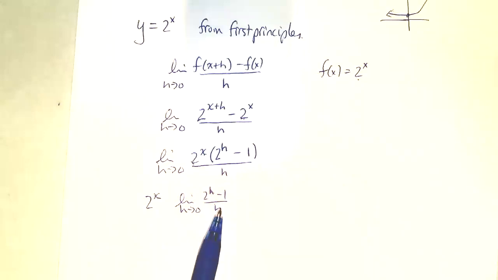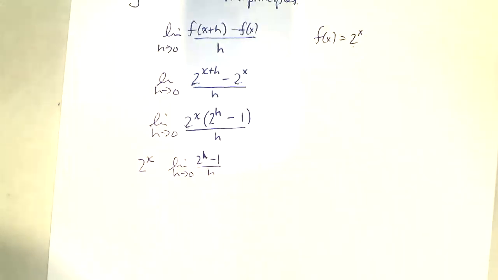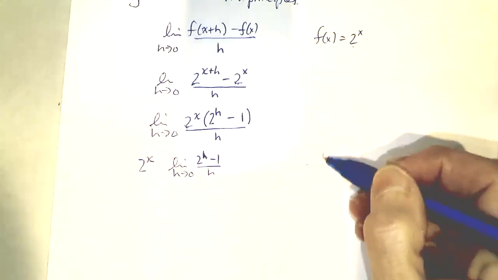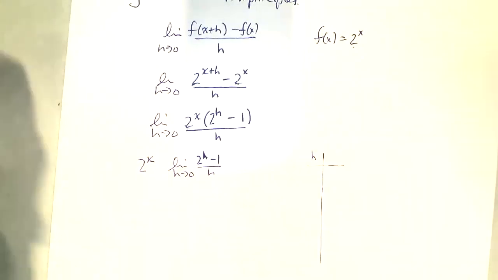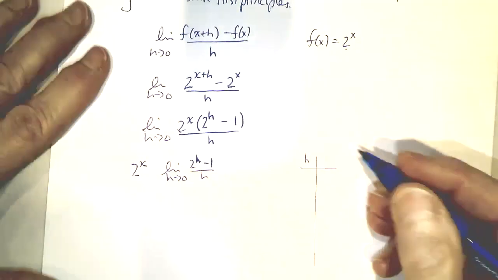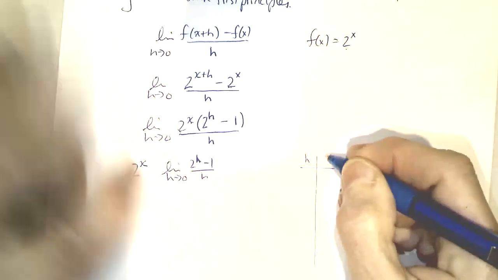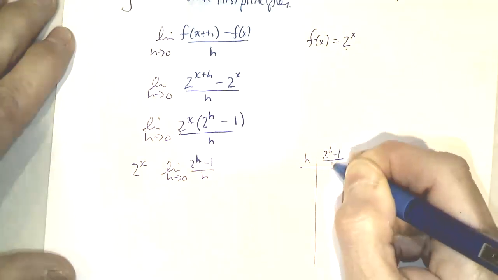I mean, we don't have any tricks for it. You really just create a table of values and take numbers that get closer and closer to 0. For example, if I make my table of values, this is the mechanical, slow, long, hard way of evaluating a limit. You literally keep trying values. So here is 2 to the h minus 1 all over h.